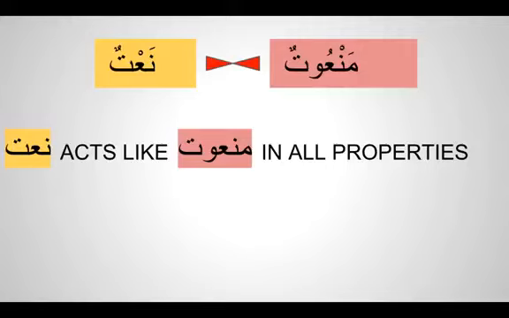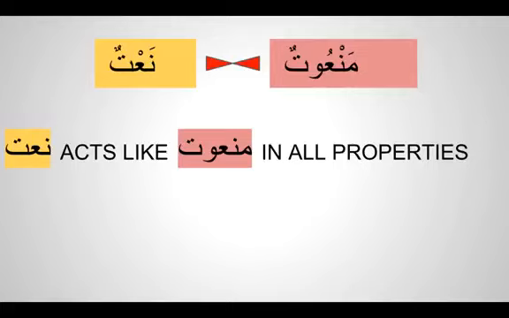These naat and man'ud have a relationship as well. Like we have learned so many different relationships: jar, majroor, mudaf, mudaf ilayhi, badal, and ism al-ishara. So this is naat man'ud. Even these two have special characteristics which are very easy to identify.